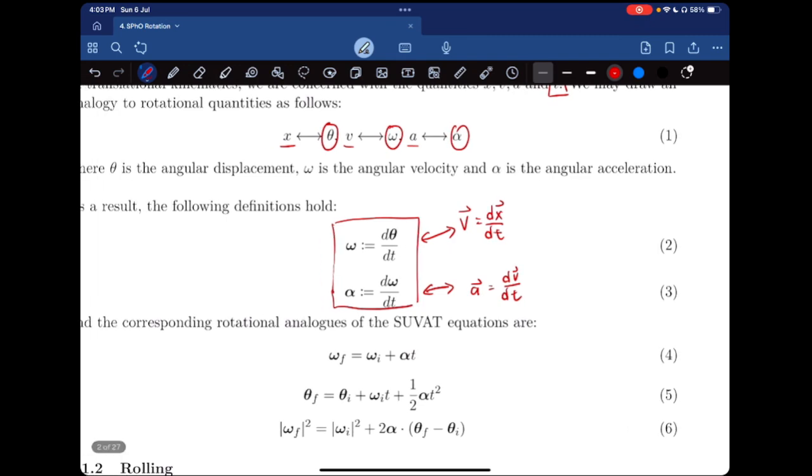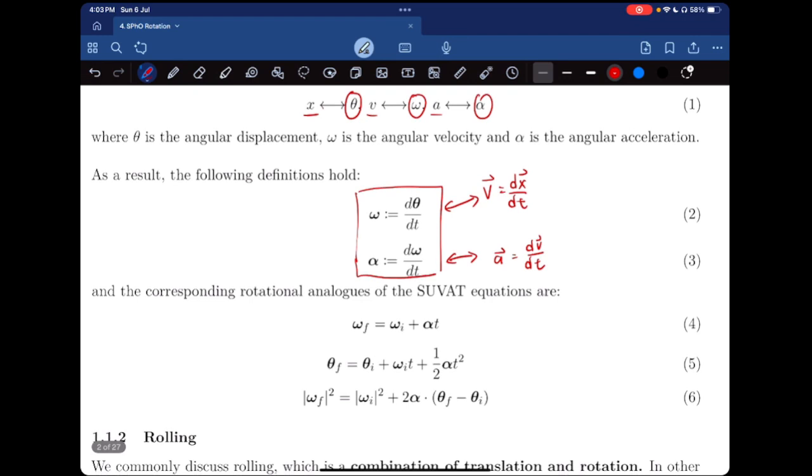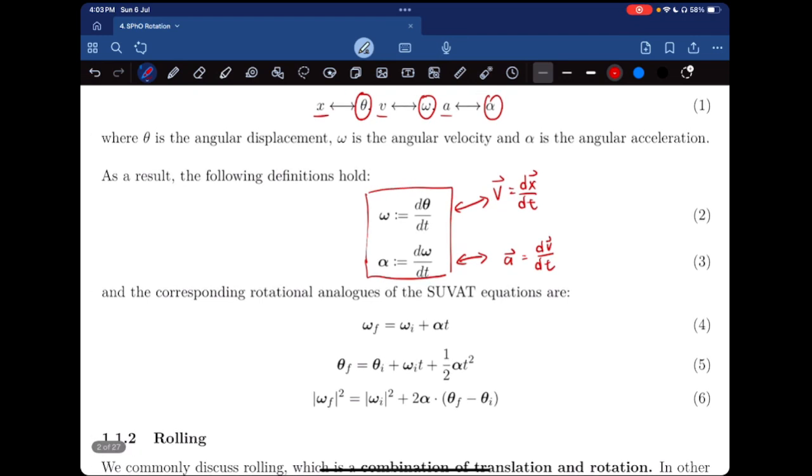So, yeah, these are definitions. These are useful when you have time varying quantities. For example, if you have a time varying omega and a time varying alpha, you can integrate to find your theta and your omega respectively.